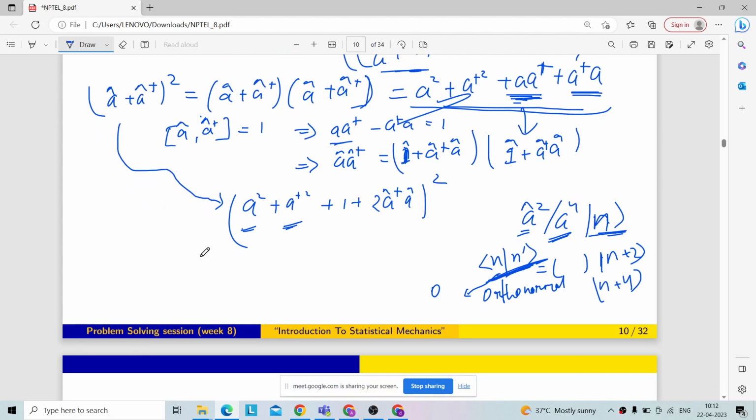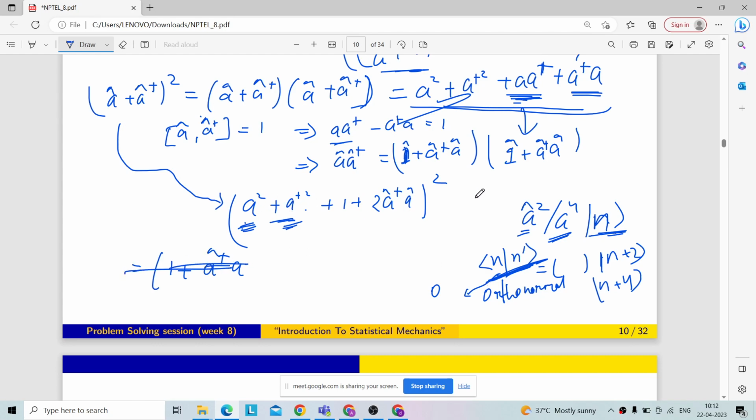So simply I can ignore these terms, right? Then I have to effectively calculate 1 plus a† — no, I can't ignore from now, because from this also I'll get some cross terms.